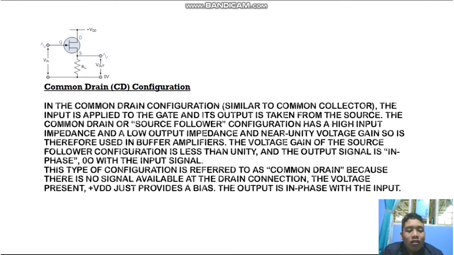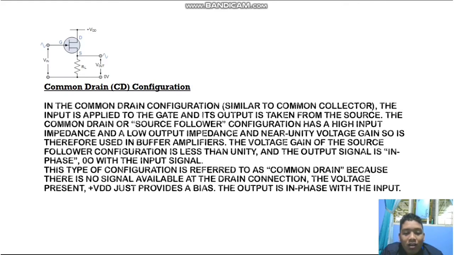And finally is common drain configuration. In the common drain configuration, similar to common collector, the input is applied to the gate and its output is taken from the source. The common drain or source follower configuration has a high input impedance and a low output impedance and near unity voltage gain, so it is therefore used in buffer amplifiers.